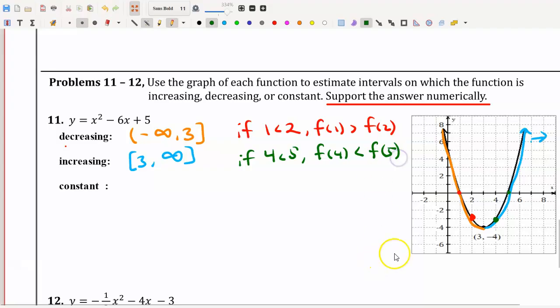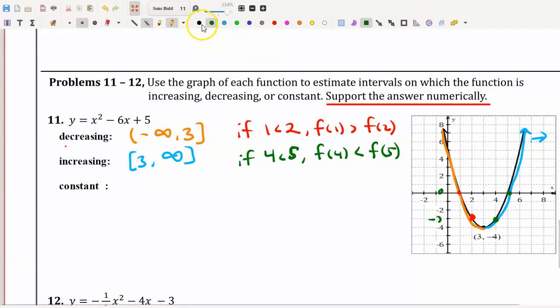It'll be less than, right? This y value right here, negative 3, is going to be smaller than this y value of 0 because it's going upwards. So as these numbers go upward, they get bigger. That's a fancy way of saying it's increasing. Okay, so it's just maybe a little new notation for you, but nothing we can't handle.